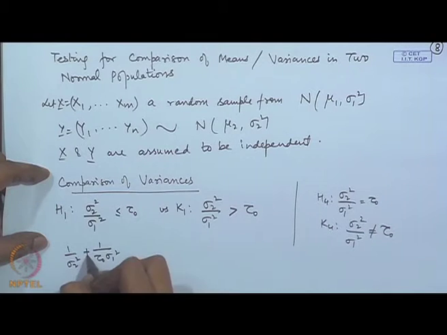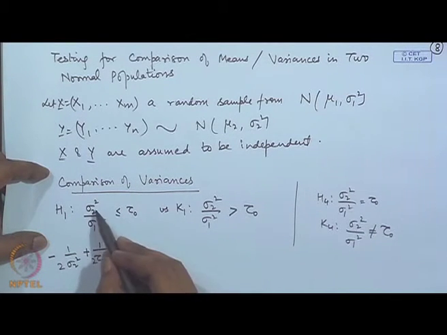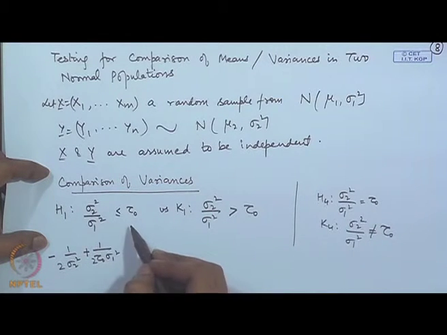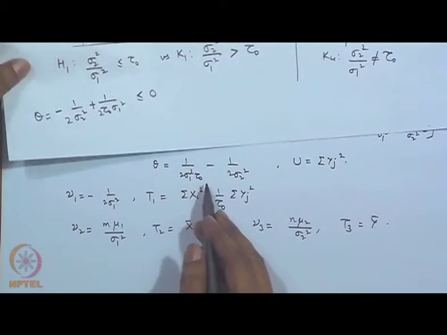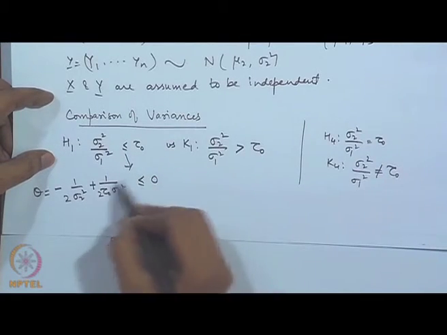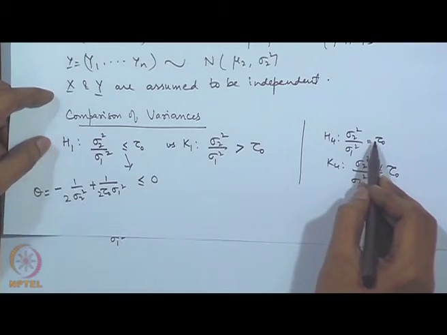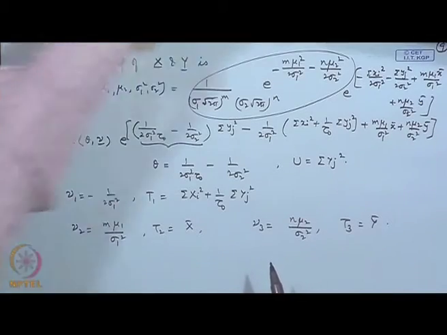So, this will become plus, this will become minus. If I take sigma 2 square in the denominator and bring it to the left hand side, this becomes less than or equal to 0. So, this theta term is equivalent to less than or equal to 0.